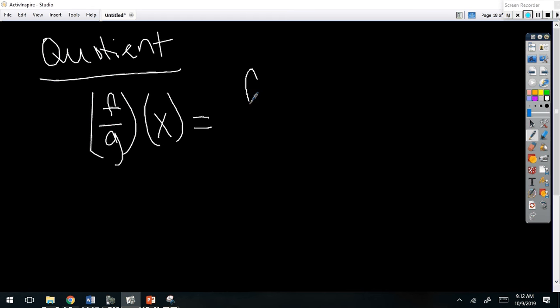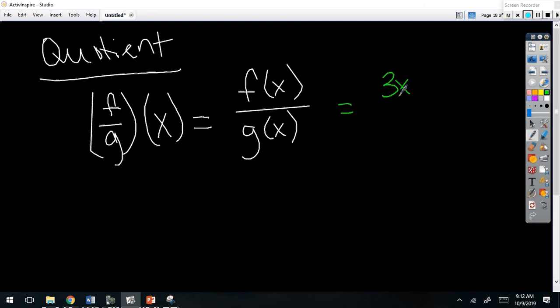How? Because I'm dividing now. And when I divide, what can't happen? Can't have a 0 on the bottom, right? Regardless of what else is going on. So now this becomes 3x cubed over the square root of 4 minus x.